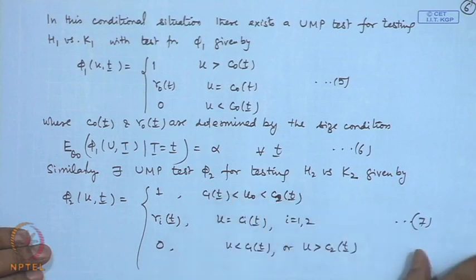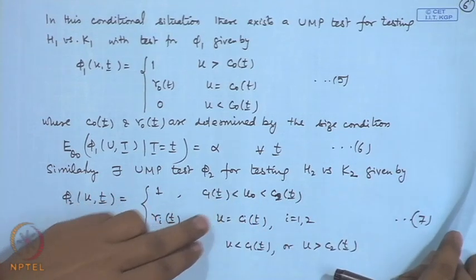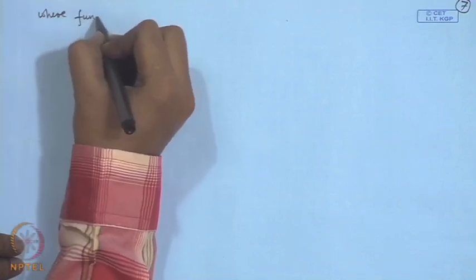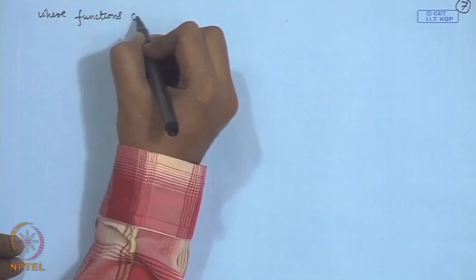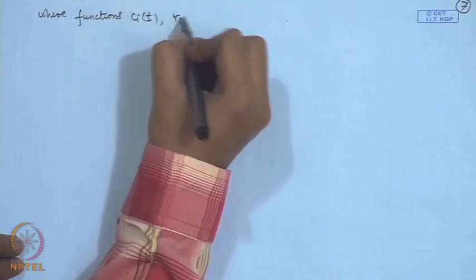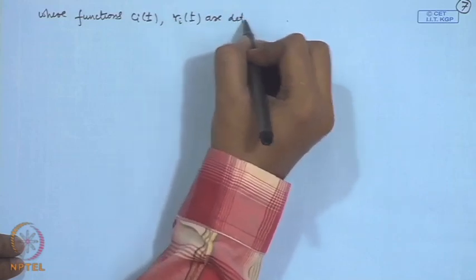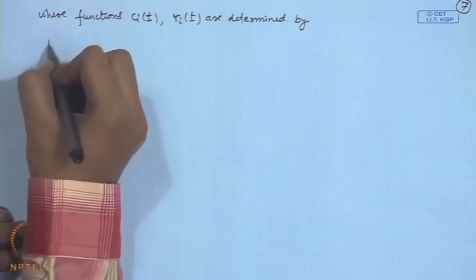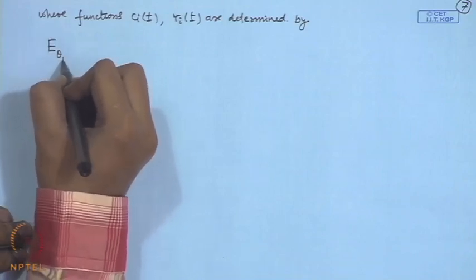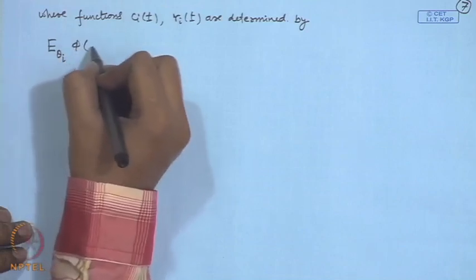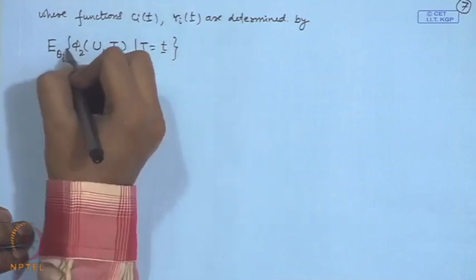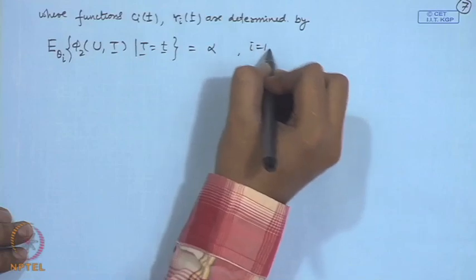And once again the functions C 1, C 2, gamma 1, gamma 2, that is, C i t and gamma i t, are determined by expectation of phi 2 of u t given t is equal to t, this is equal to alpha for i is equal to 1, 2.